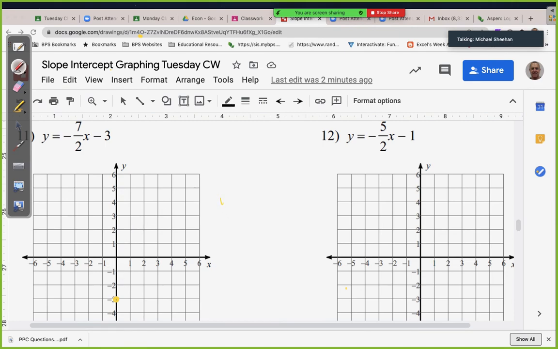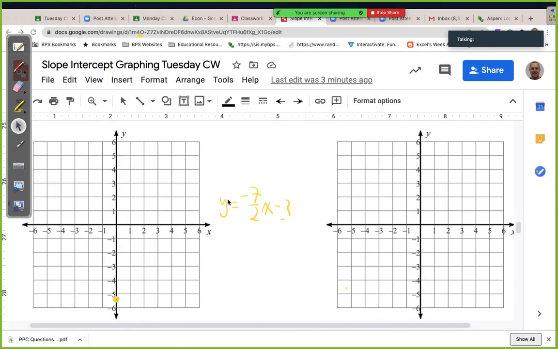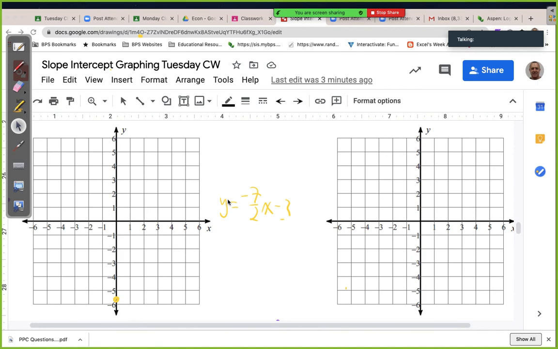So let me write the equation here. It's y equals -7 over 2x minus 3. All right, so I want to go down 7 and over 2. It's going to look something like this, but there's no room.